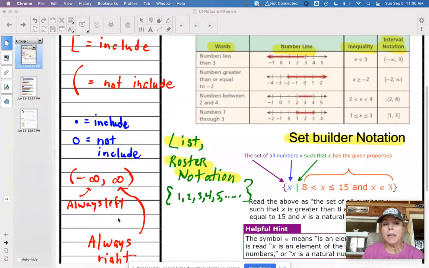That's because infinity and negative infinity are not finite numbers. They're a behavior of something happening out in space.